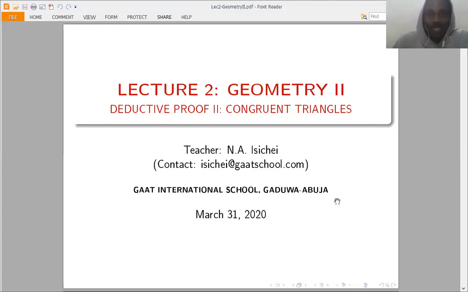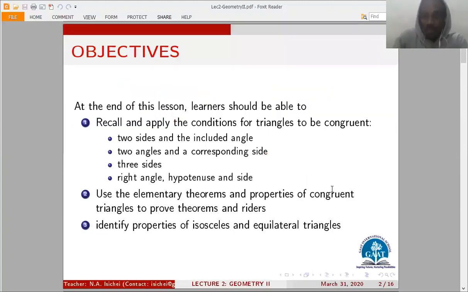All right, so this is the second lecture on geometry, and today our focus is going to be on congruent triangles. Here are the objectives. At the end of this lesson, learners should be able to: 1. Recall and apply the conditions for triangles to be congruent.